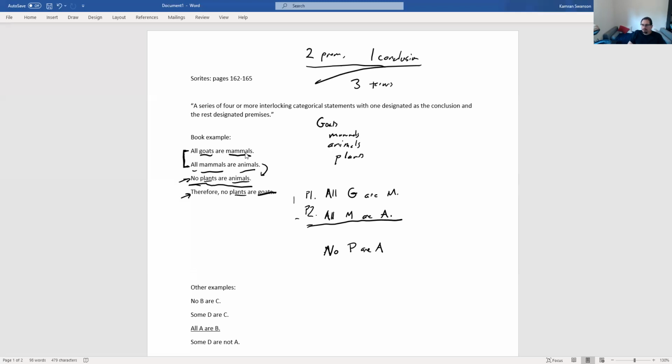But even before that, this is a non-starter because we still have 4 distinct terms, and they're not all repeated twice. We have G and P representing the 3rd and 4th term, and they each appear here only once. So it doesn't have the mandatory 3 terms, each repeated twice, of a categorical syllogism, which means there's probably some missing statement here.